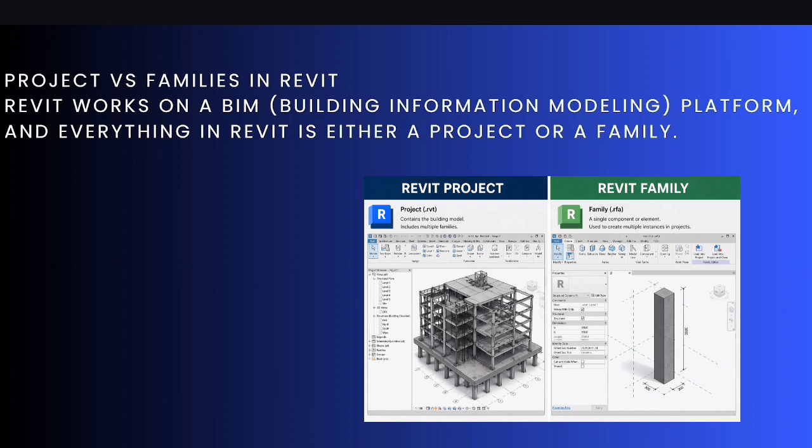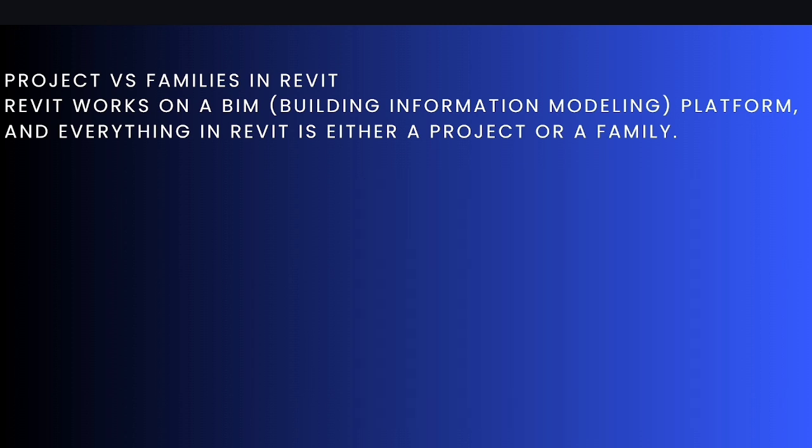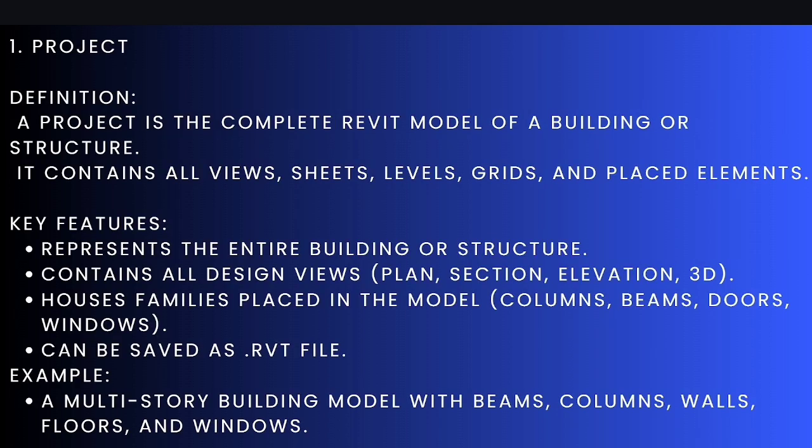So Revit is mainly divided into two parts: project and family, floor plan and furniture sort of things. Then next, first, project.